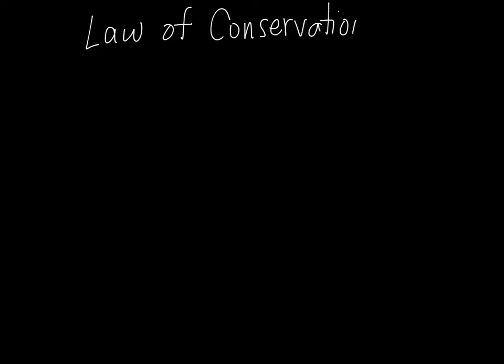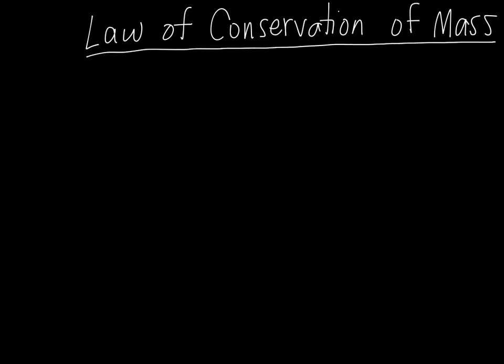When you get to chemistry, you'll learn that there are lots of rules that go along with how chemical reactions are put together. But there's one rule that we're going to learn this year, and that is called the law of conservation of mass. Conservation means to save something. Mass is how much stuff you have.